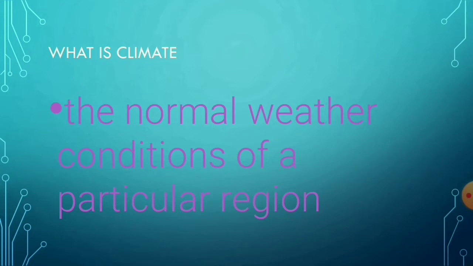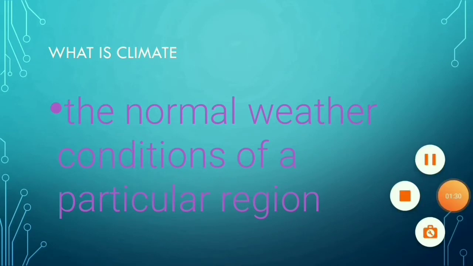When these weather conditions stay for a year or stay for a week, it is called climate. But weather means these normal conditions which stay for an hour or a day. This is called weather. So this is the difference between climate and weather, friends.